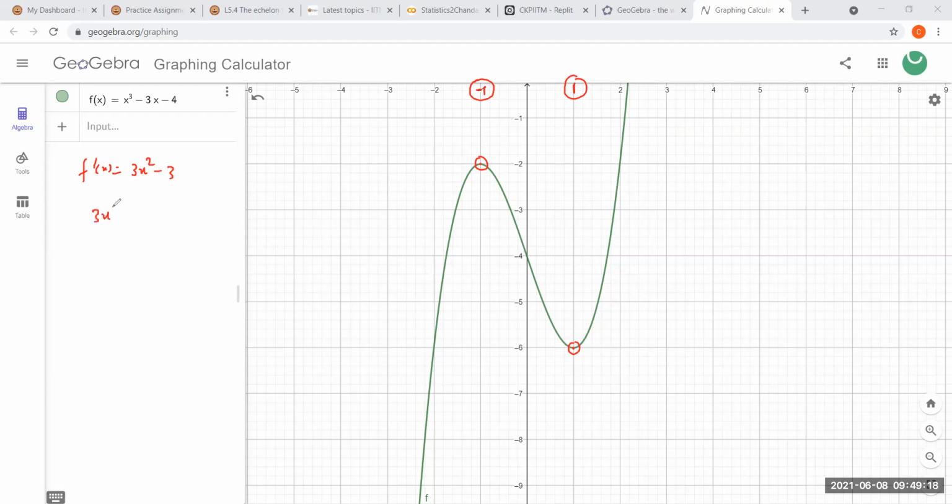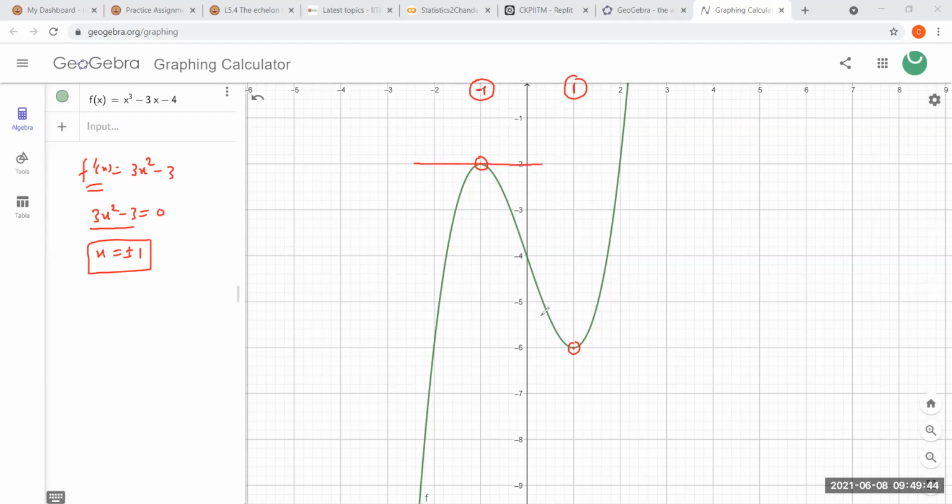So if I write 3x square minus 3 equals to 0, what does it mean physically? It means I'm trying to find the location or the roots of the equation which gives me 0 slope, because you are equating to 0. It means the slope is 0, so you get the answer plus minus 1. Which is simply saying that at x equals to 1 and minus 1, the slope will be 0, and which is absolutely correct.